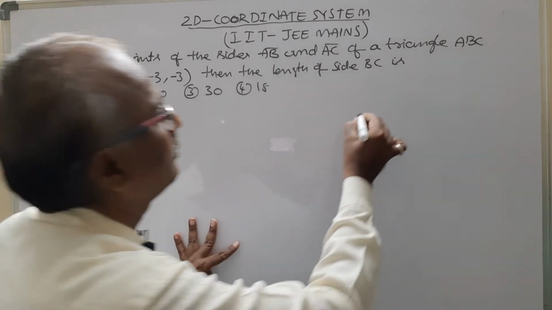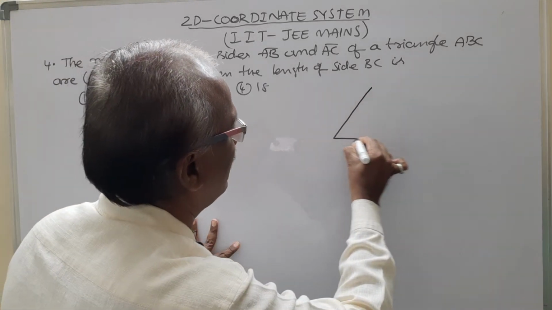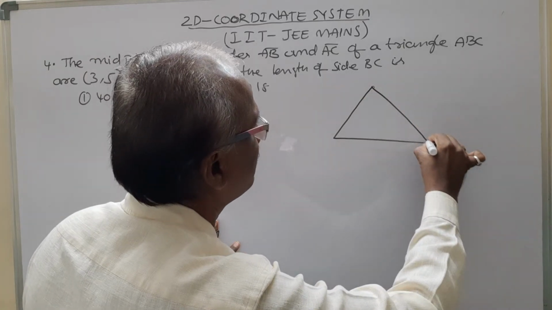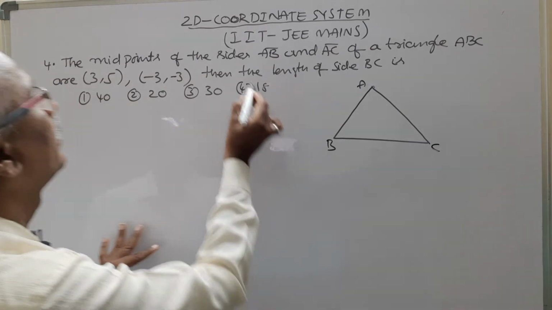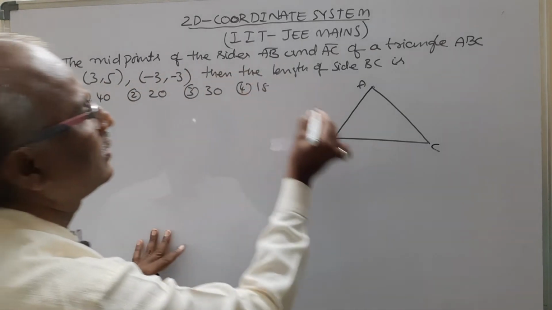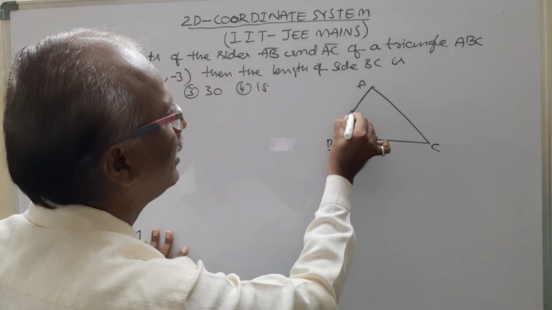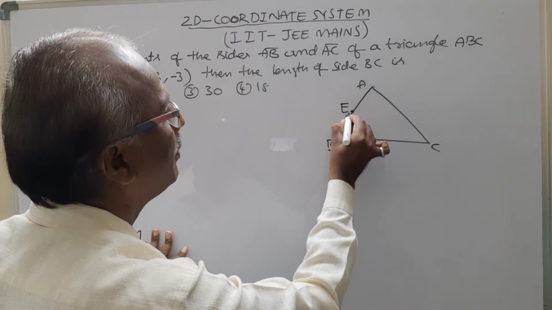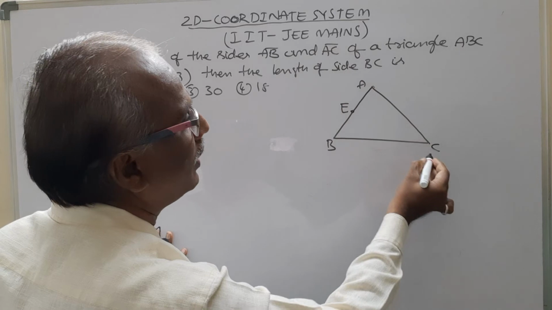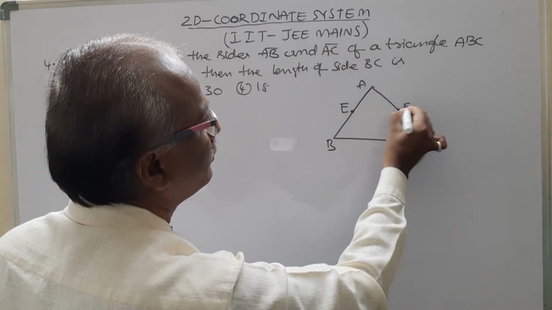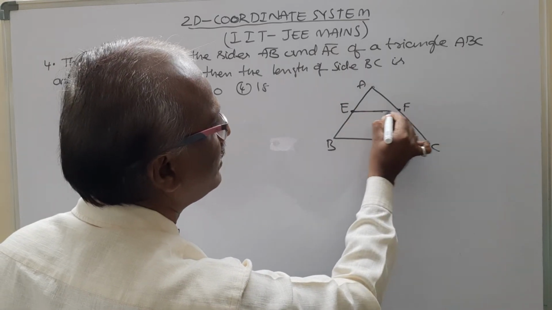To observe, this is triangle ABC. Let the midpoint of side AB be E, and the midpoint of AC be F. Join EF.